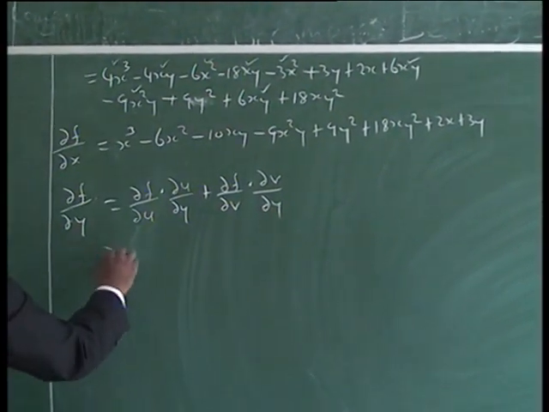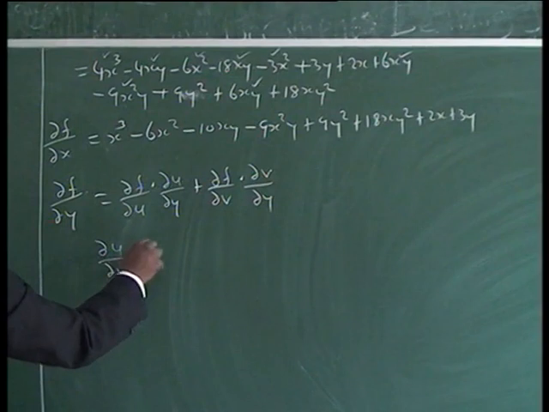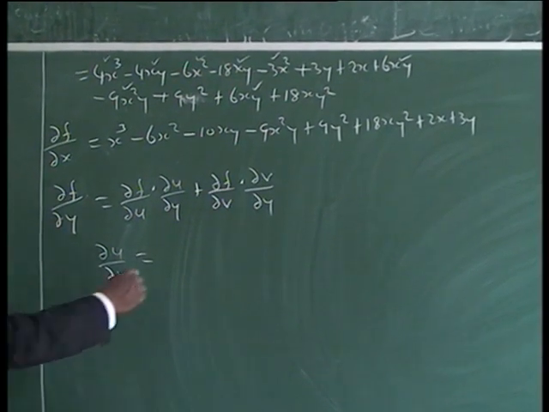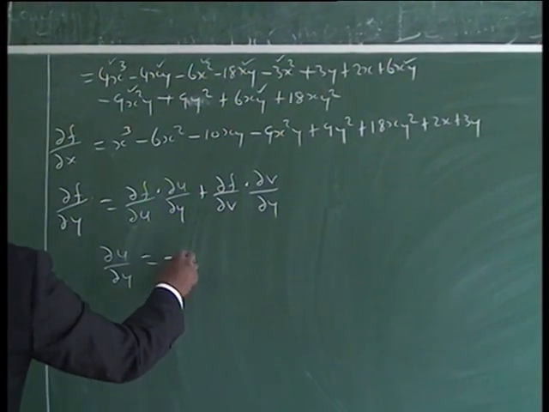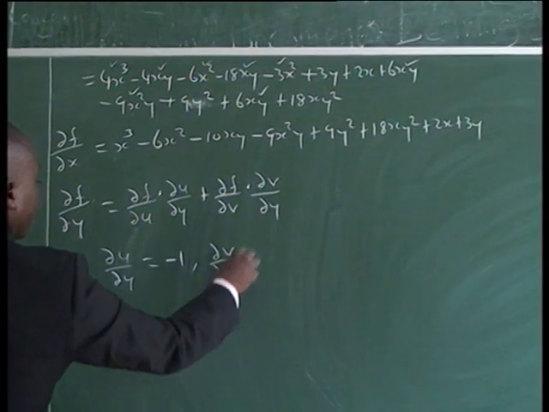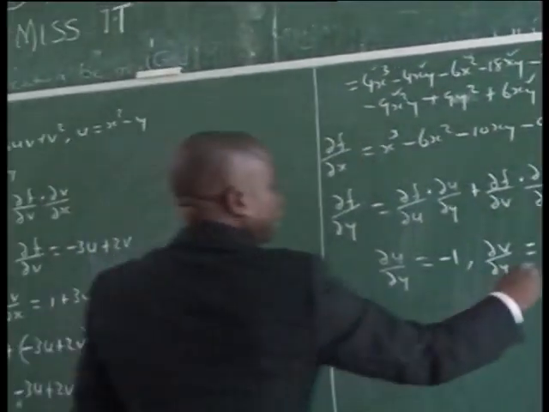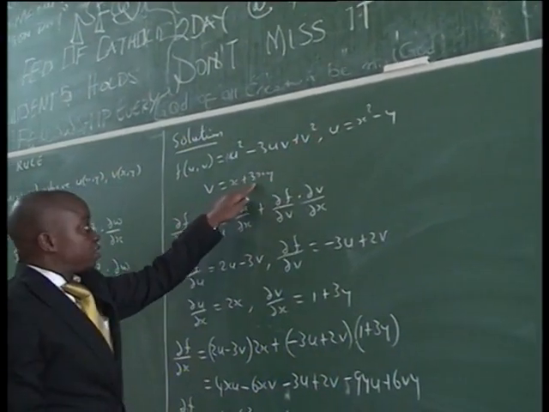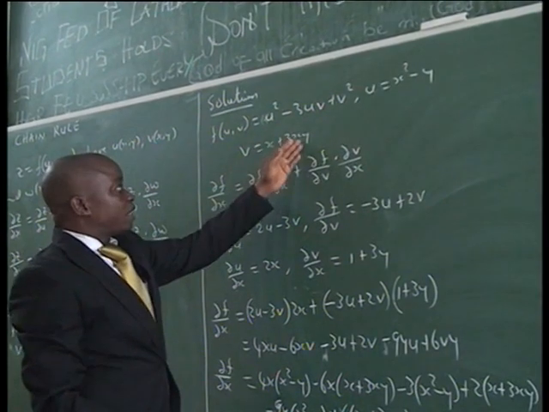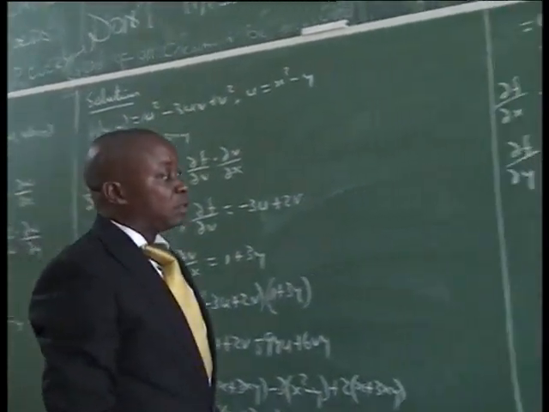So we need partial u, partial y. And we know that u is this. So partial u, partial y will be minus 1. Now, partial v, partial y will be 3x, because v is equal to x plus 3xy. So partial v, partial y is 3x.